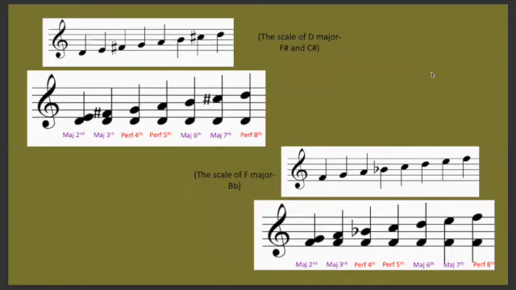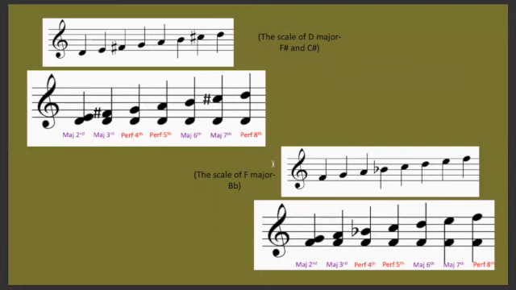Here are 2 more scales to demonstrate the same point. The first one here is the scale of D major, which has 2 sharps, F sharp and C sharp. The same goes here when we have D, the tonic note or the first note of D major, and any other note on top of it that belongs to the D major scale, we will get either major intervals or perfect intervals.